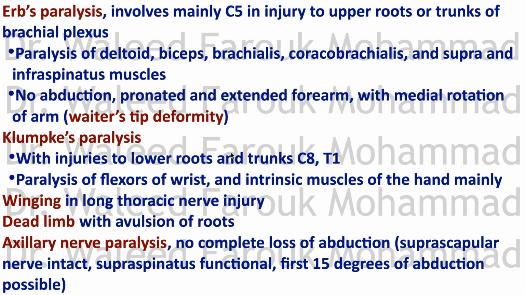The nerve supply is still healthy, which is not axillary. Okay? It's the suprascapular nerve. Okay, so the arm becomes adducted because there is no abduction, pronated because no supination, and extended because there's no flexion at the elbow.